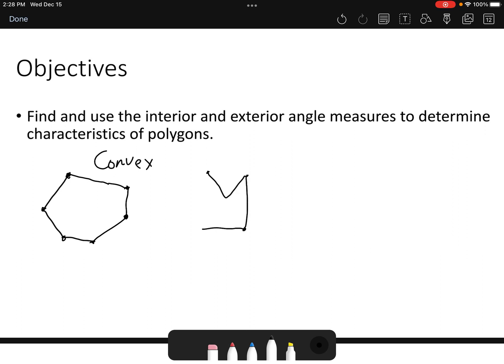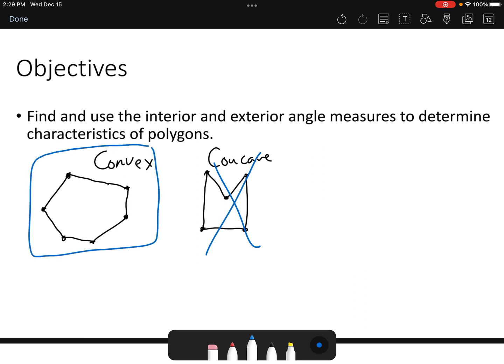This would be a concave polygon, and the best way I can describe it is it caves in. If it has any little nook or notch in it, that's called concave. We typically don't mess with concave polygons. We're normally focused just on convex, okay?